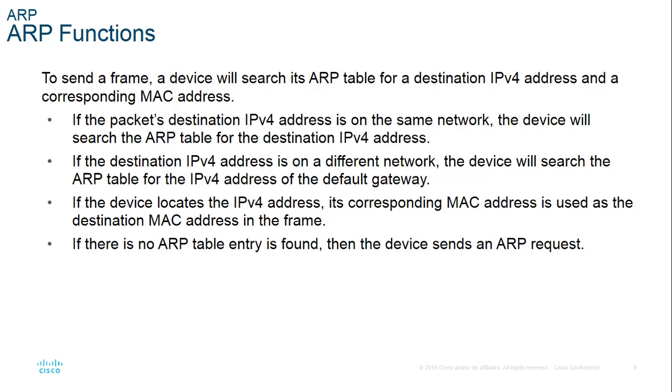If the device locates the IPv4 address, it will get the mapping between this IP address and the MAC address within the ARP table, and then it will be able to add it to the destination MAC address field in the frame. If no ARP table entry is found, then the device has to execute the ARP protocol by sending an ARP request.